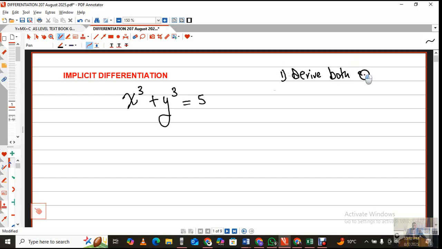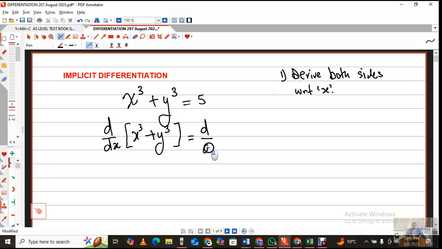So derive both sides of the equation, but we're going to do it with respect to x. So this is going to be d by dx of x cubed plus y cubed, and that is going to be the same as d by dx of 5.